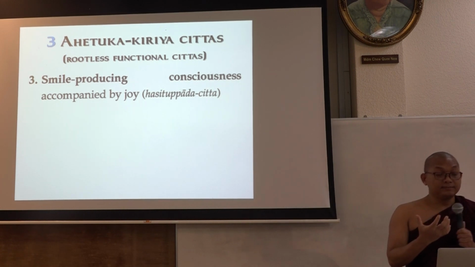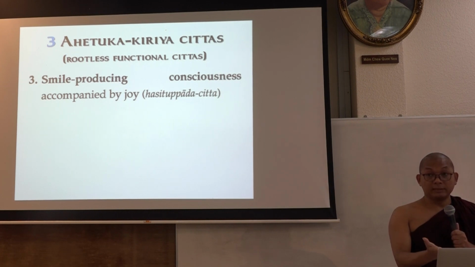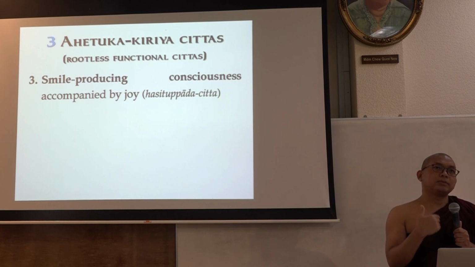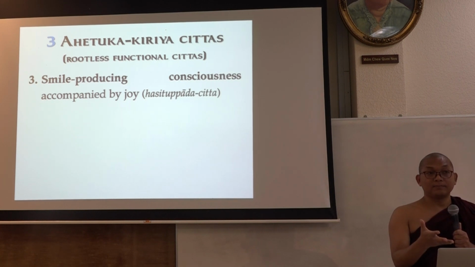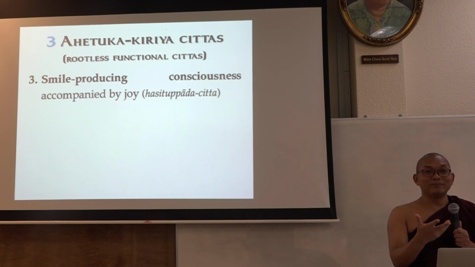So in those times, it is smile producing consciousness. The moment the Buddha smiles, there is no lobha, dosa, moha; no alobha, adosa, amoha. So we call it ahetuka, right? But when we are smiling, sometimes it is because of greed.